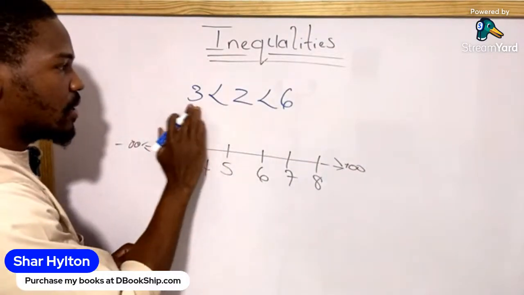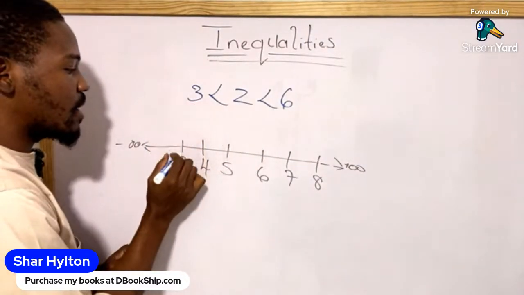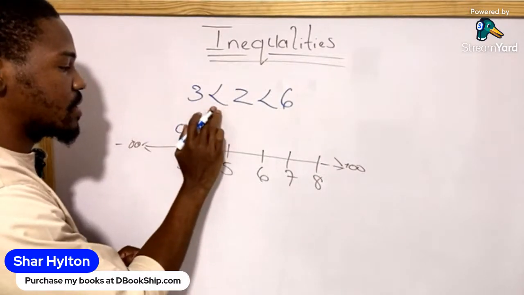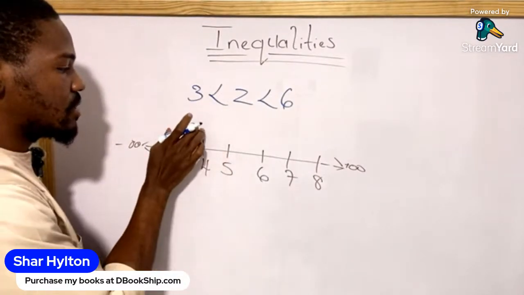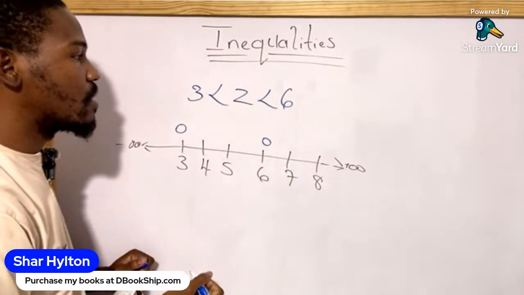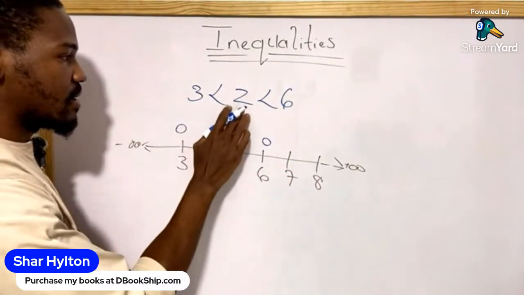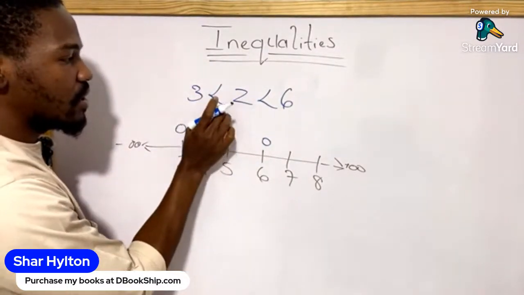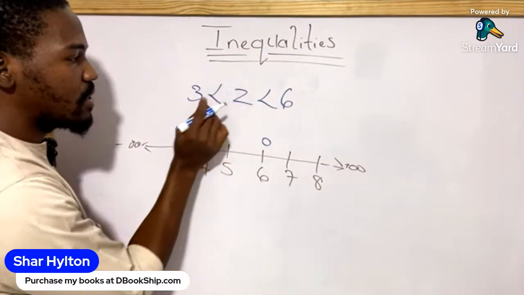So our inequality right here, if we say that we're at a 3, we're going to use an open circle to represent these inequalities, right? So this one is at 3, and we're also looking at 6 right here. Now this is saying that z is, if you're reading, remember where the 2 points is pointing.